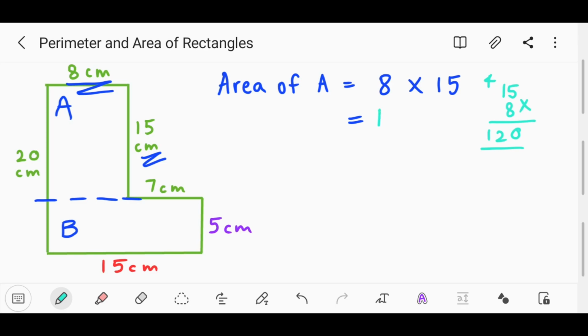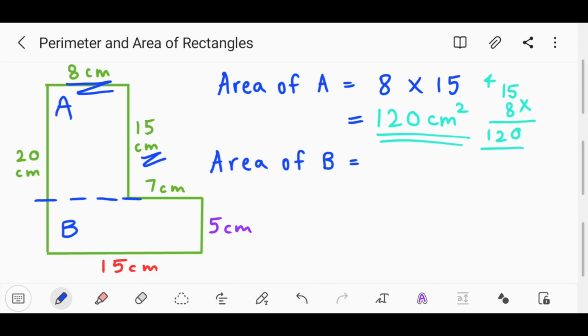So our answer is 120 centimeters square. Don't forget that when we find the area, the unit becomes squared because we'll be multiplying a centimeter by another centimeter. Now let's find the area of B.